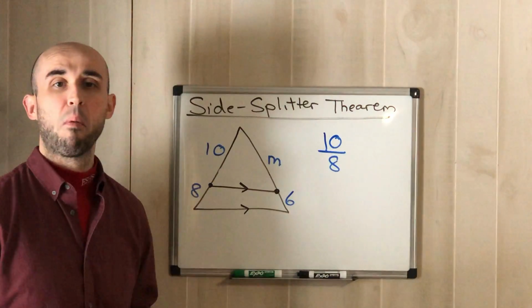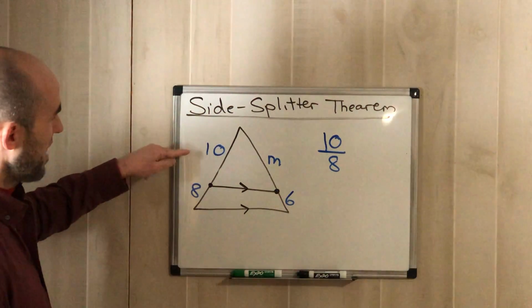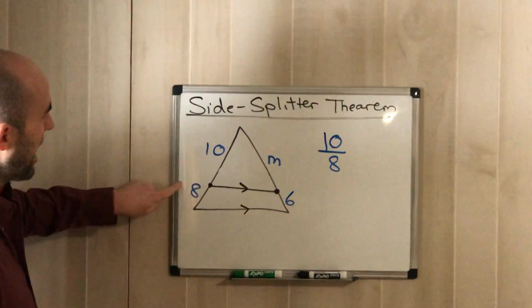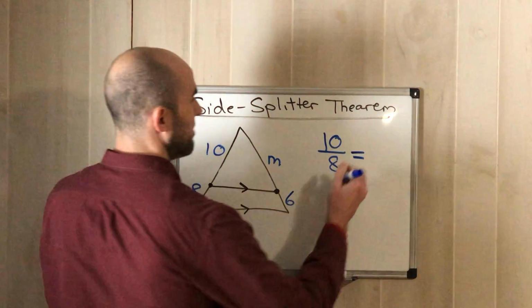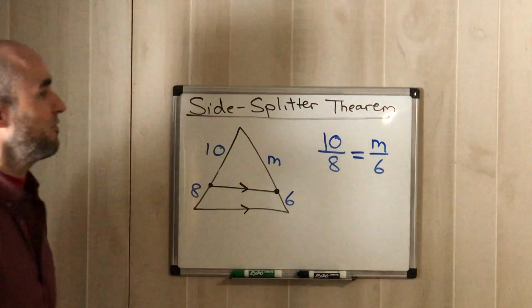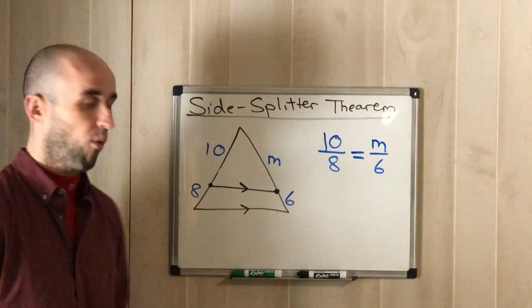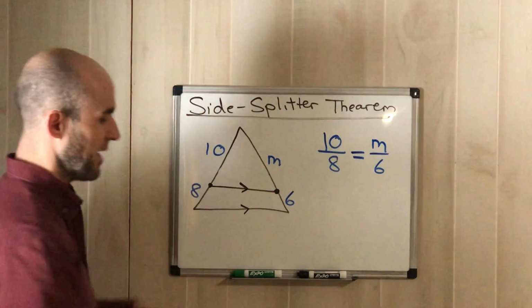And when you're setting up a proportion, you have to go the same way. You have to follow the same process. So if I went top to bottom here, the next fraction has to go top to bottom, right? It always has to follow the same order, because if you don't, it will be wrong.